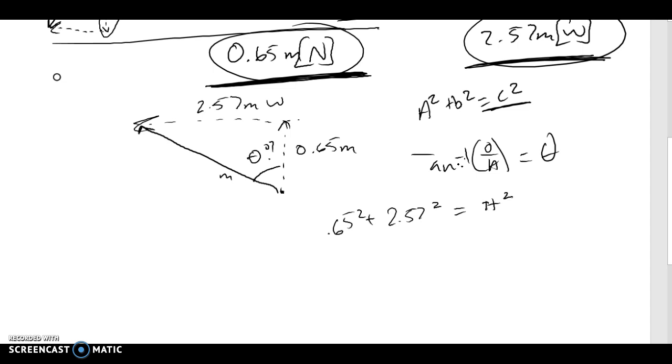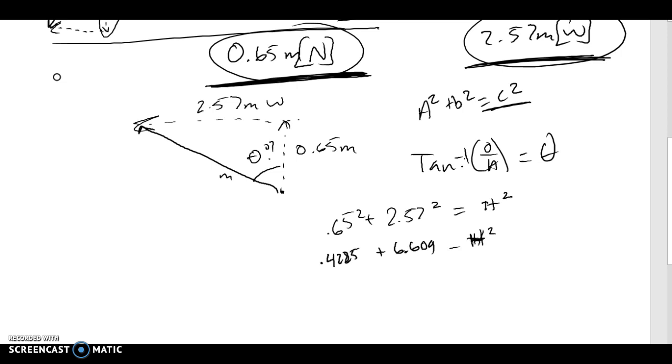Okay, so let's solve that. When you do that, 0.65 squared is 0.4225, plus 2.57 squared is 6.609, and that's going to be h squared, the hypotenuse squared.